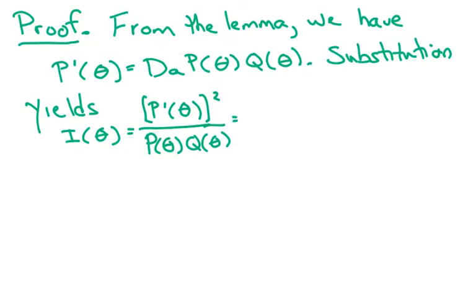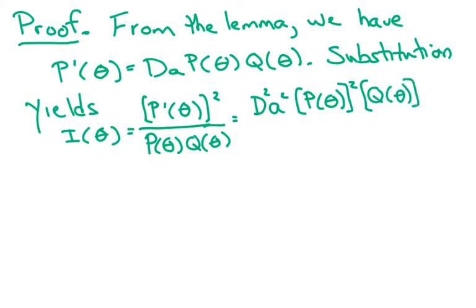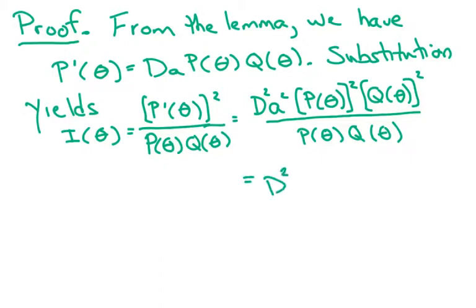So this will be d squared a squared P of theta squared Q of theta squared over P of theta times Q of theta, which equals d squared a squared P of theta Q of theta, which is what we wanted to show. So you see how short that can be.